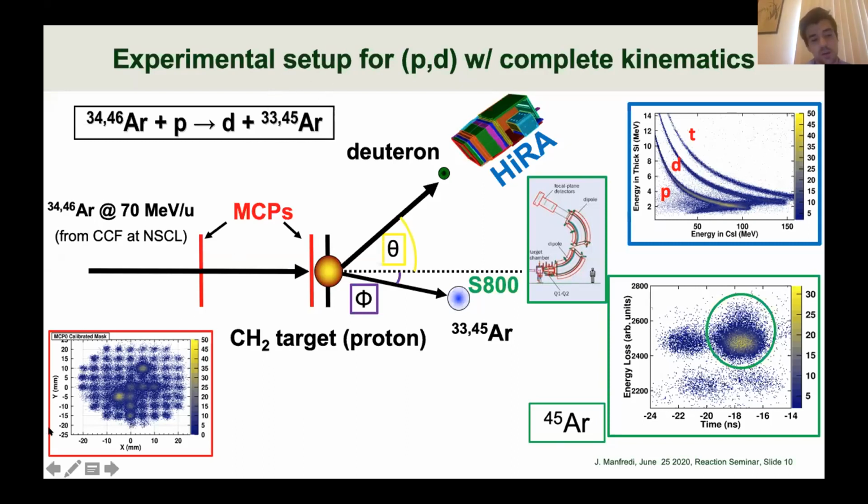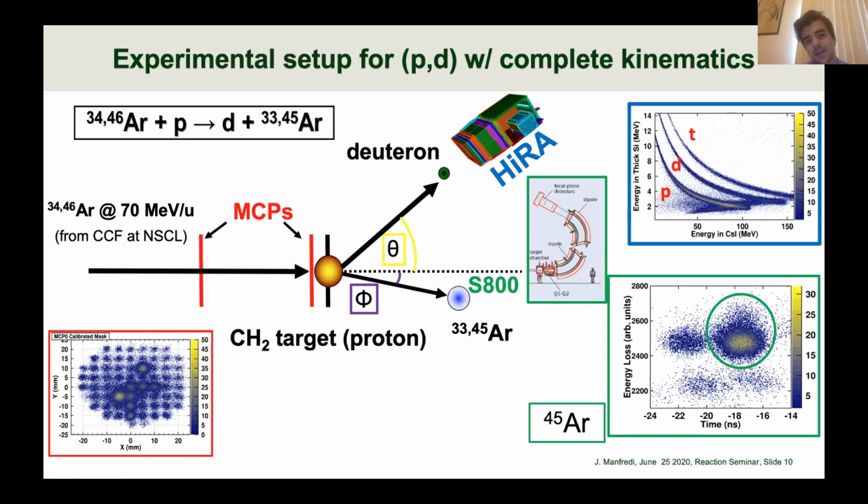You can see here on the lower left what the calibration for the MCPs looked like. Basically, we just stuck a brass mask in the beam line, and we can reconstruct the mask pattern of well-defined holes to do our calibration. We also measure the deuteron coming out of the transfer reaction, coming out of the (p,d), using the high resolution array, or HiRA, which is a set of silicon cesium iodide telescopes.